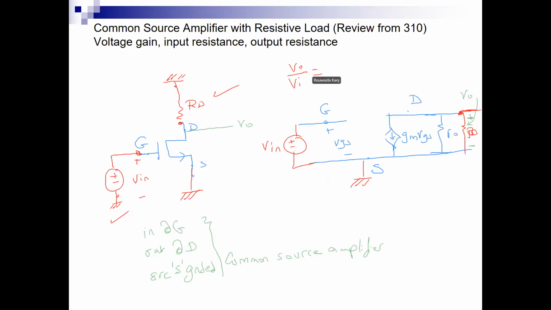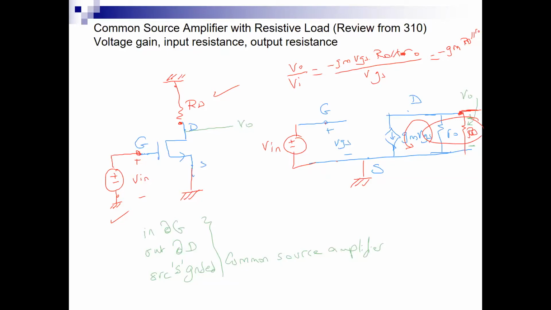Right, so we need to say VO is really minus GM VGS times RD parallel RO, because the current is flowing in this way in those two resistors in parallel. And Vn is nothing but VGS, so my gain comes out to be minus GM times RD parallel to RO. So this is the gain of my circuit.